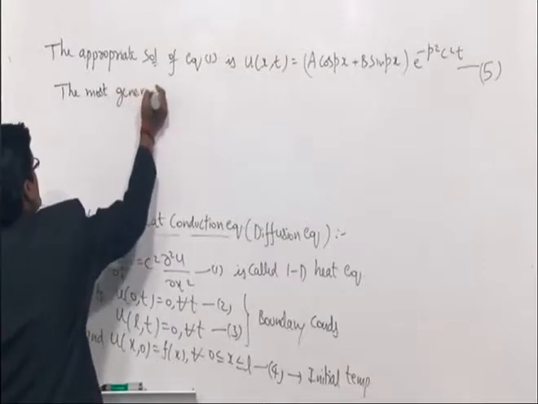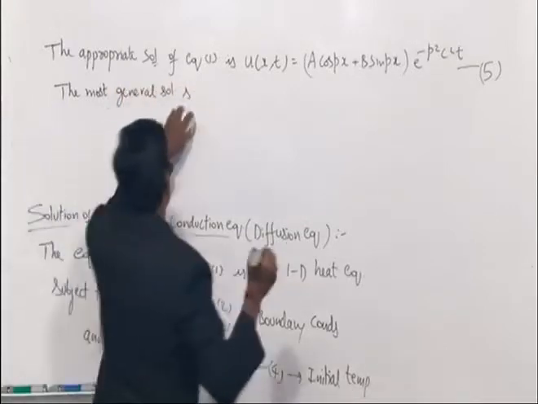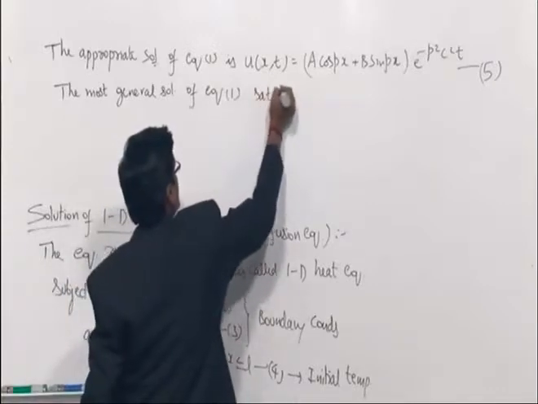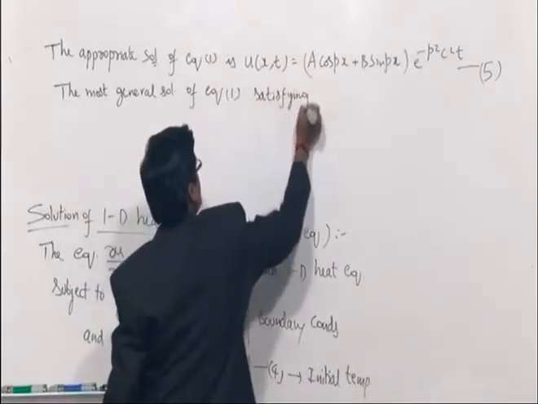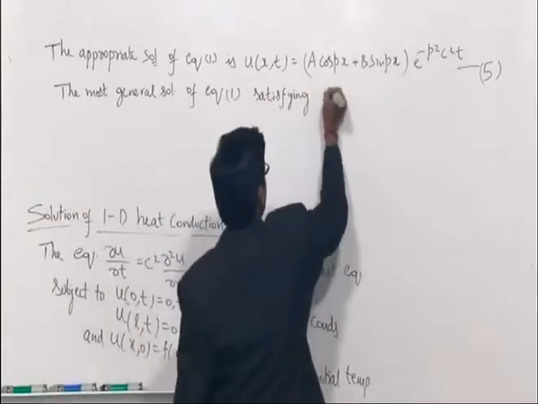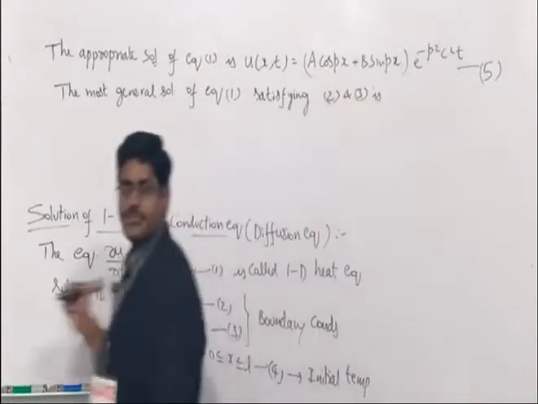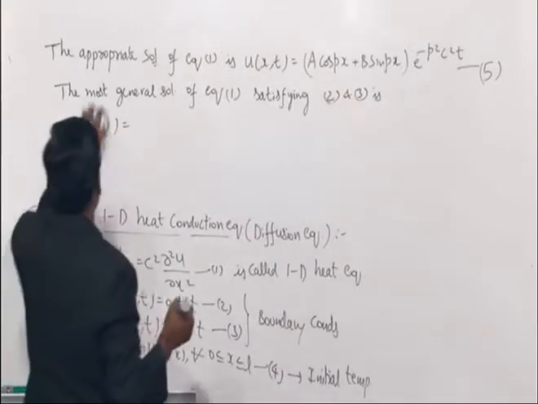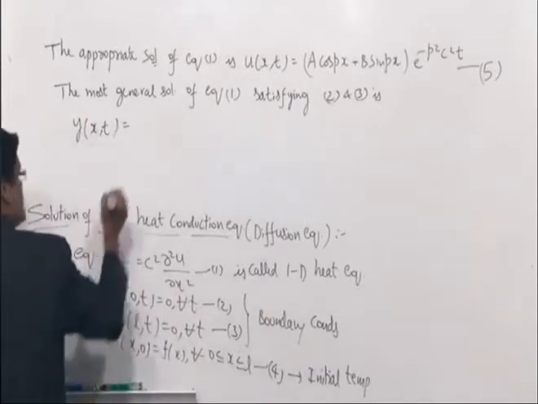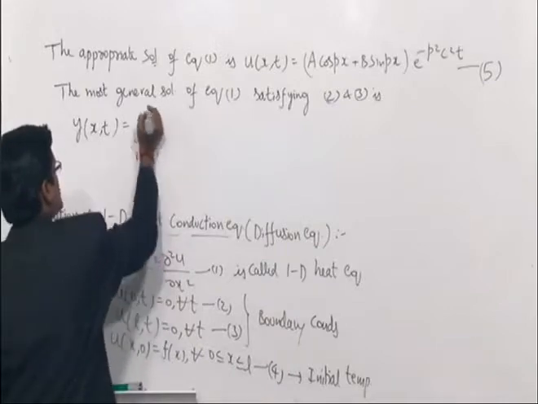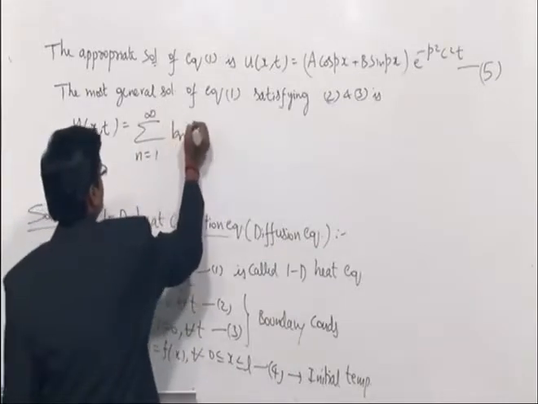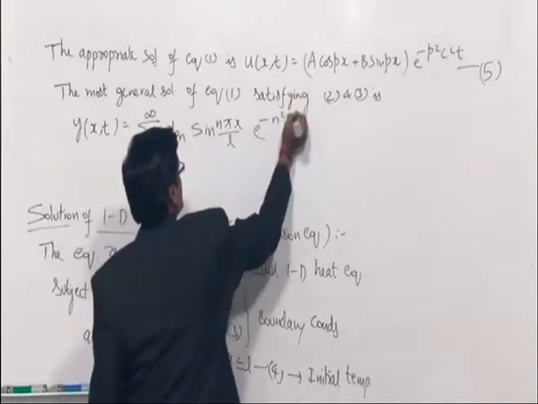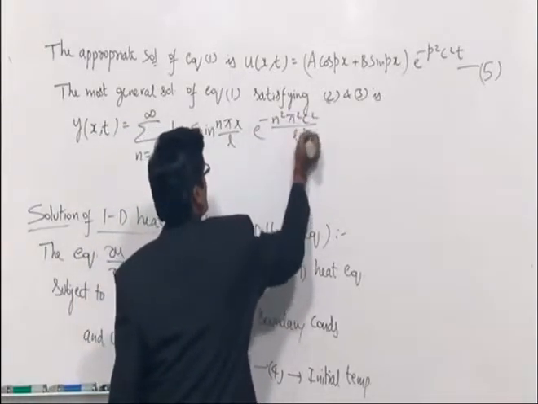The general solution of equation 1 satisfying conditions 2 and 3 is u of x comma t is equal to sigma n is equal to 1 to infinity Bn sin n pi x by L e power minus n square pi square c square by L square into t.